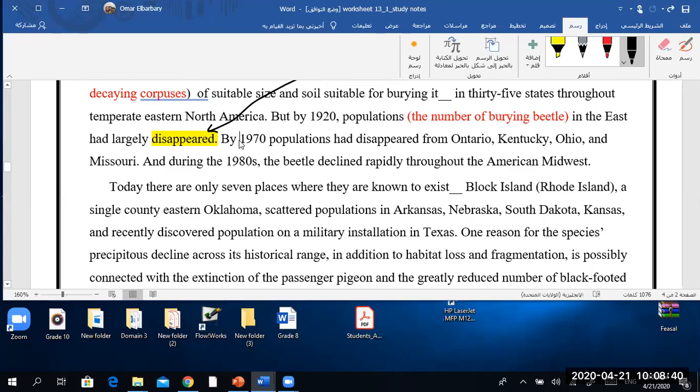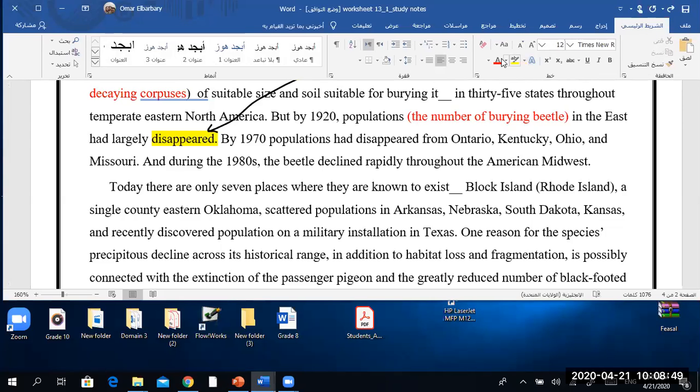Yes, Abdullah. By 1970. So the word "by" here, for your information, what does it mean in this context? The word "by" is referred to personal information, or, yeah, it's a time conjunction. Any idea?